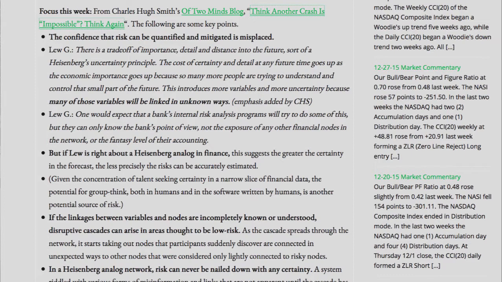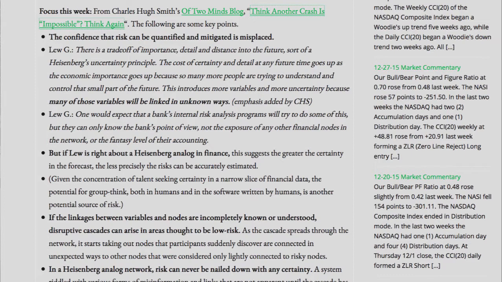But if Lou is right about a Heisenberg analog in finance, this suggests the greater the certainty in the forecast, the less precisely the risks can be accurately estimated. Given the concentration of talent seeking certainty in a narrow slice of financial data, the potential for groupthink, both in humans and in the software written by humans, is another potential source of risk.